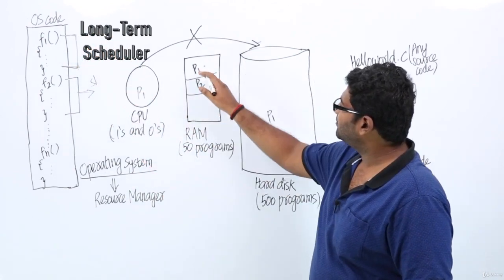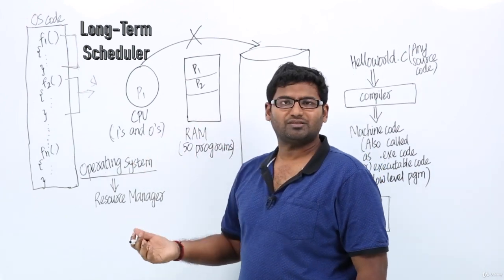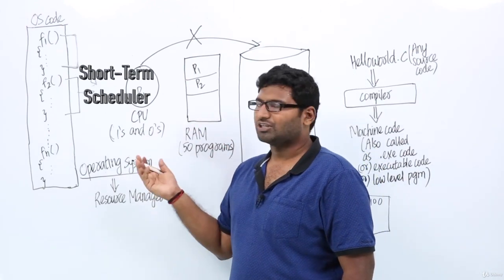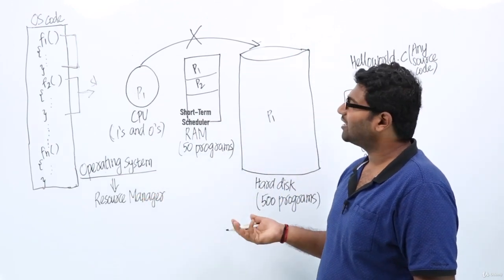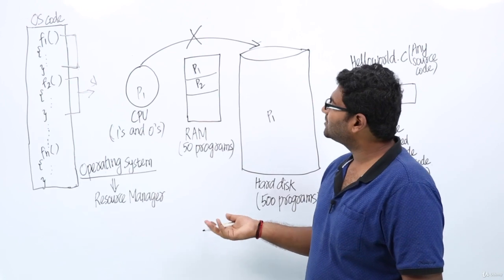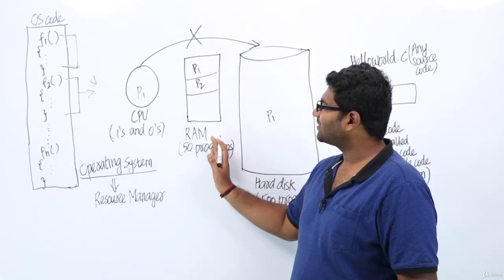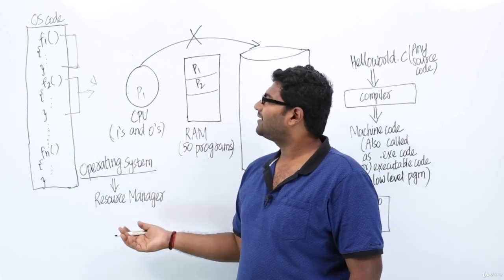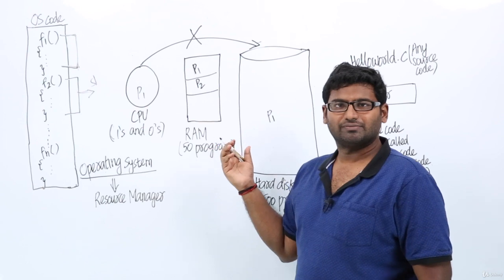And out of these processes, which process should acquire the CPU first is decided by our short-term scheduler. So what is actually happening is, again, resource allocation. Why? Because here the resource is nothing but the CPU. If more than one process is trying to access the CPU, our operating system is allocating the resource to the appropriate process.